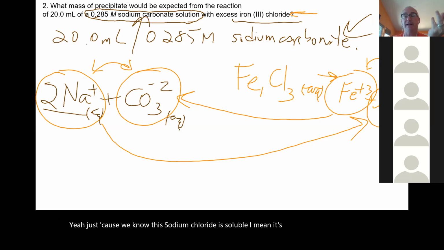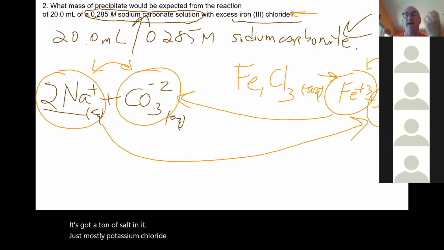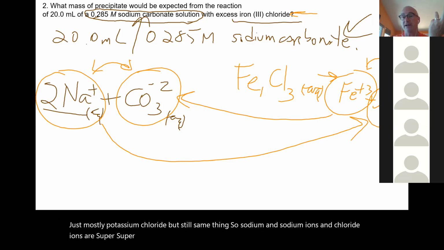Look at the ocean, it's got a ton of salt in it. That's mostly potassium chloride, but still, same thing. Sodium ions and chloride ions are super soluble, so they're not going to precipitate when you mix them together. But iron and carbonate will precipitate.